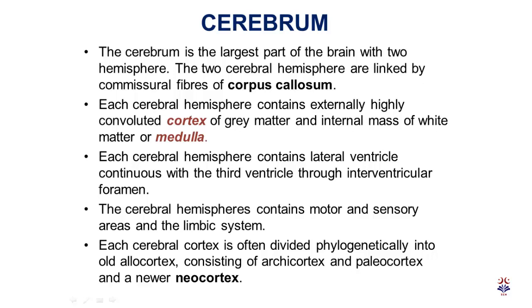Here again we see that it is a large part of the brain, and these 2 cerebral hemispheres are connected together by a group of fibers which are called commissural fibers, and this structure is called corpus callosum.